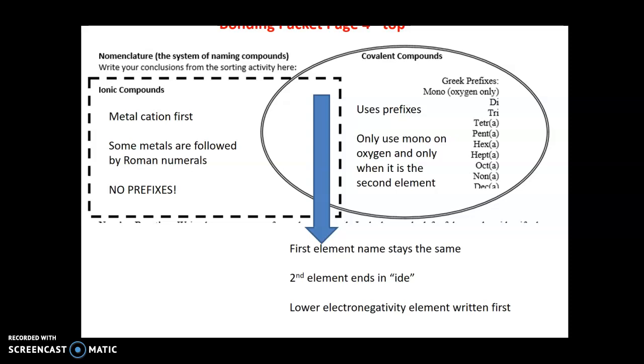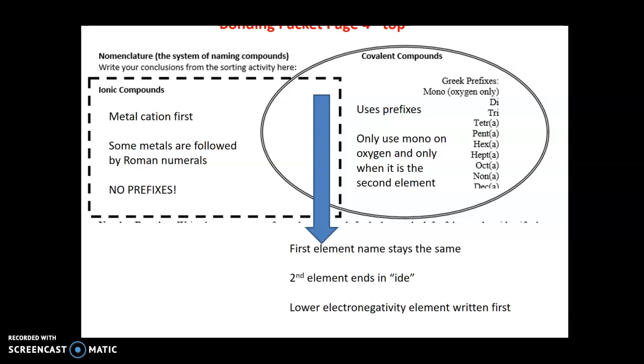There are no prefixes, nothing in the name to indicate what the subscripts after the symbols of the elements are. For the covalent compounds, we use prefixes. However, we only use mono on oxygen and only when it is the second element. So CO was carbon monoxide, not monocarbon monoxide.